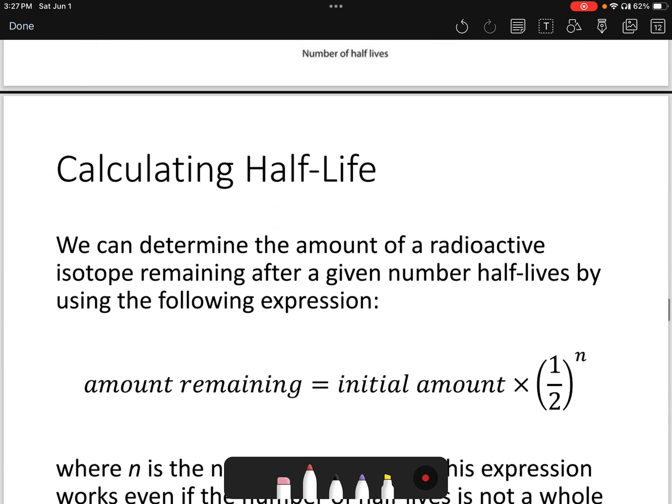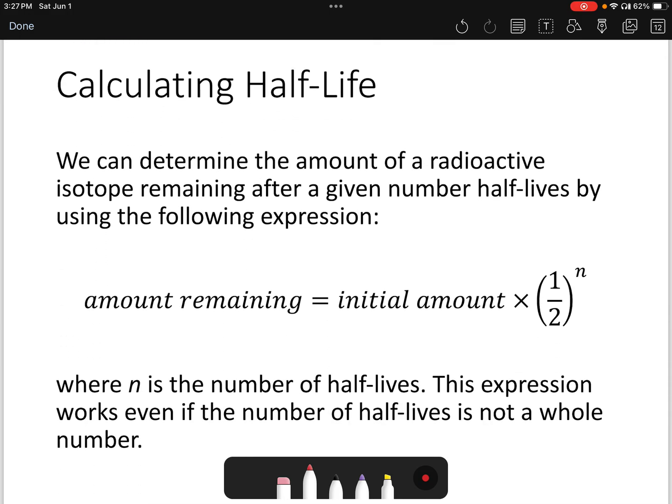All right, so how can we calculate something like a half-life? We can determine the amount of a radioactive isotope that remains after a certain number of half-lives by using the following expression.